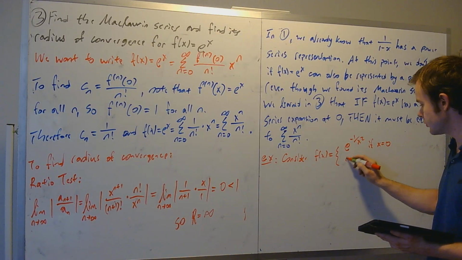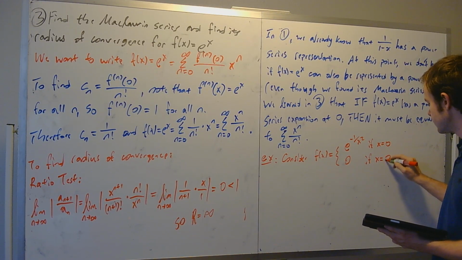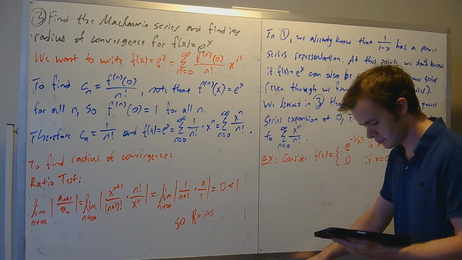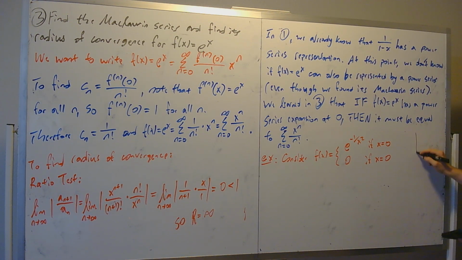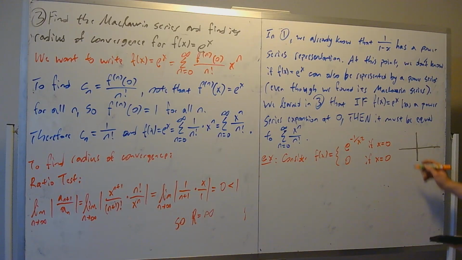And if x is equal to 0, let's set this equal to 0. And let's just draw a graph of what this looks like. I guess I'll do it over here. So if we were to draw a graph of what this looks like, so these are our coordinates, and our graph would look something like this.